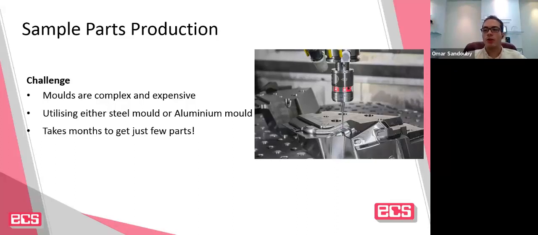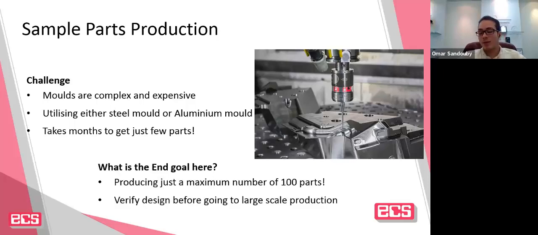And they try to go around and save costs by machining cheap aluminum molds or low-grade steel molds. Again, it takes them months or weeks to develop. It's, again, expensive, and the lead times are quite a lot. And the end goal here is for them to really just produce maybe tens or maximum hundreds of parts to give out to their customers to verify the design. And once they make sure that the mold has been designed correctly and the design of the part is conforming to what they have in mind, then they scale and go into production.